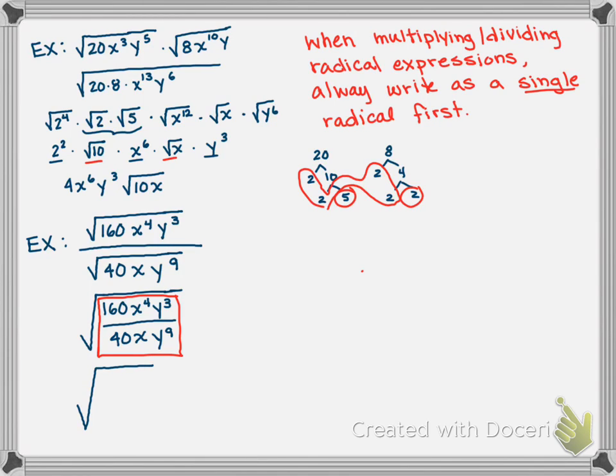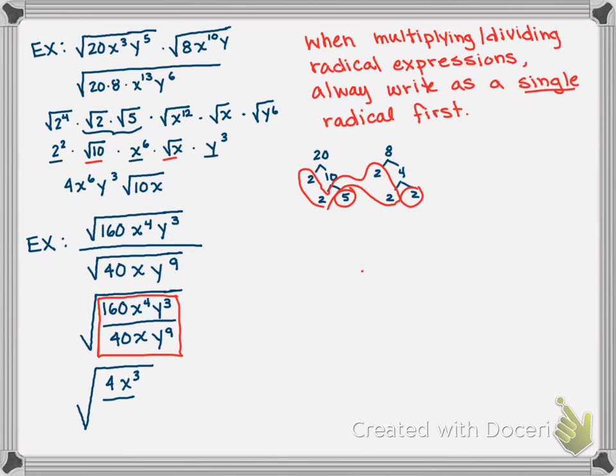So 160 divided by 40 is 4. And x to the 4th divided by x, we can use our quotient rule there. That's just x to the 3rd. And then y to the 3rd divided by y to the 9th. Well, if I cancel 3 factors of y, where are my leftover factors going to be?